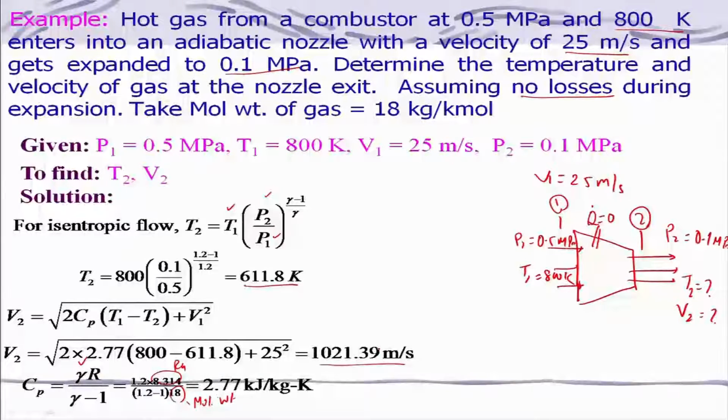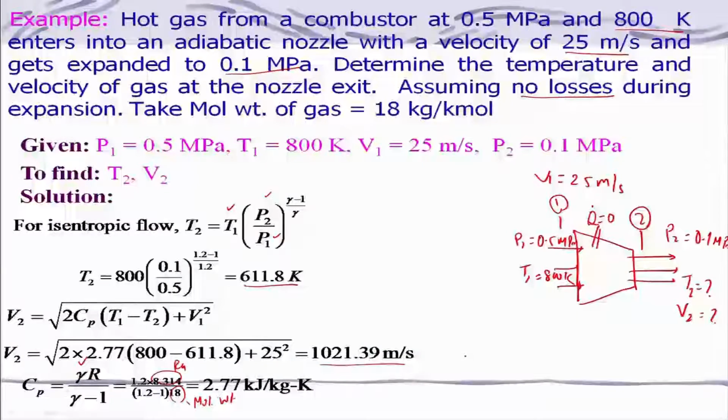But actually here the velocity is very high. Can I assume this density at the inlet and exit of a nozzle to be the same? Only if it is an incompressible fluid. If it is a compressible fluid, then we cannot. Are you getting my point?